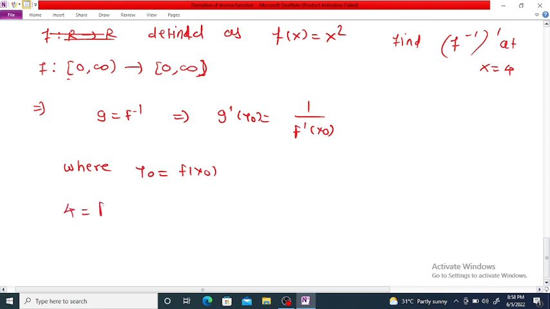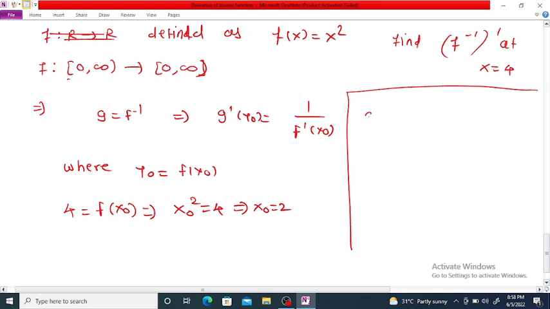So 4 is equal to f of x0, that is x0 square is equal to 4, which implies x0 is equal to 2. Therefore if you apply this formula, g dash of 4 is equal to 1 divided by f dash of 2, which is equal to 1 divided by, what is f dash x here, twice x, since f of x is equal to x square.